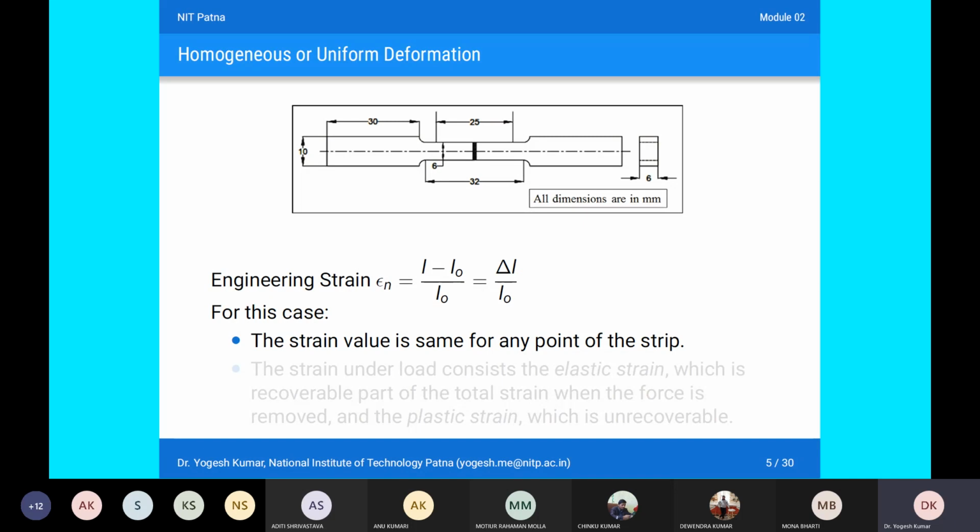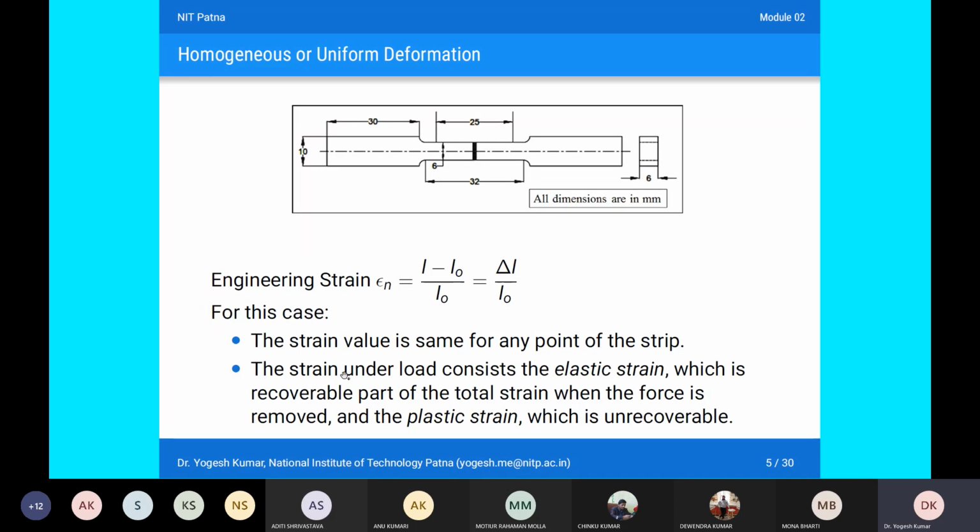It tries to get its original position, but there is some permanent deformation because it has exceeded your yield strength. So in a test specimen during the tensile test, when the force has exceeded the yield point value, there is elastic strain as well as plastic strain.